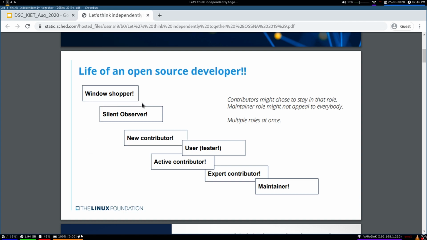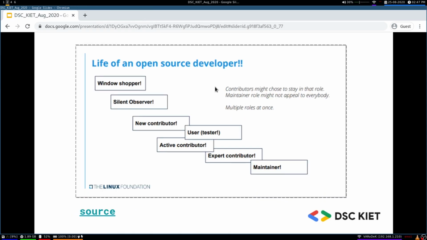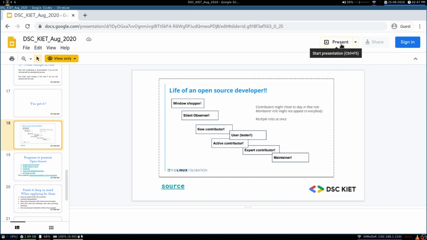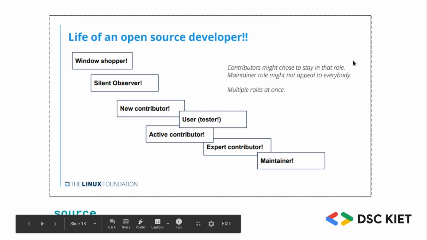First, a person is a window shopper, meaning they come and see what is going on and what it is all about. Then they become a silent observer, then a new contributor, active contributor, expert contributor, or even maintainer. Some of them also become testers, which is also a very important role. Many communities have a different group for developers and a different group for testers.